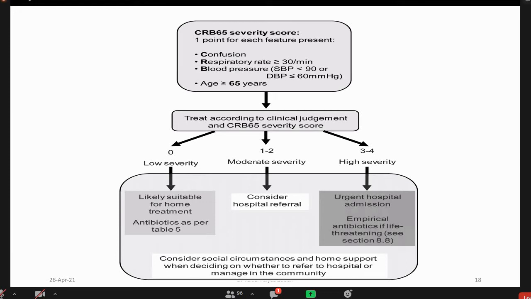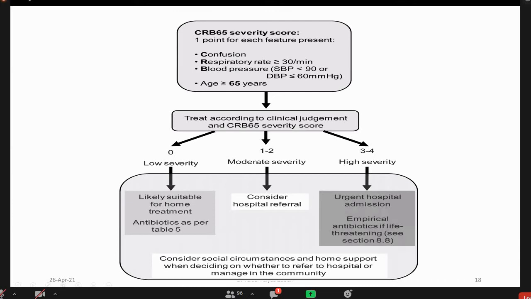Based on this range, we divide the CRB65 severity score into 3 groups. Low severity is when the score is 0, none of these features present. Intermediate, or moderate severity, is when the score is 1 to 2. And we call it high when the score is 3 to 4.